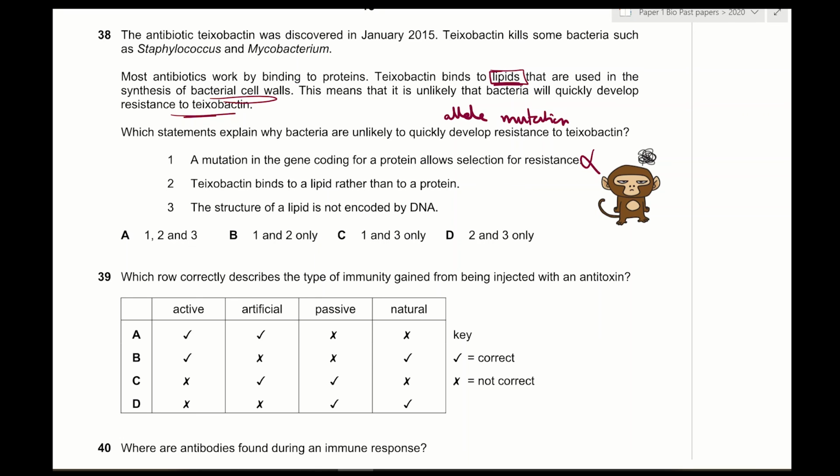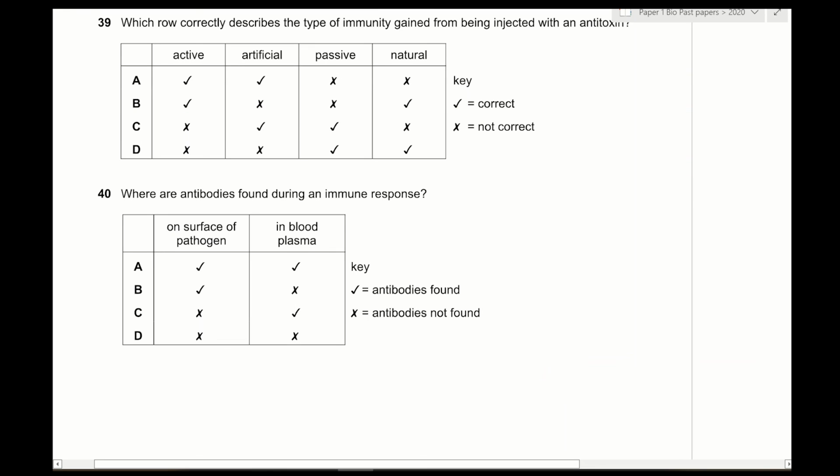2, the antibiotic binds to a lipid rather than to a protein. Therefore, this is correct. 3, the structure of a lipid is not encoded by the DNA. We just mentioned this is correct, and the answer is going to be D. Question number 39. Which row correctly describes the type of immunity gained from being injected with an antitoxin? So an antitoxin is basically antibodies.